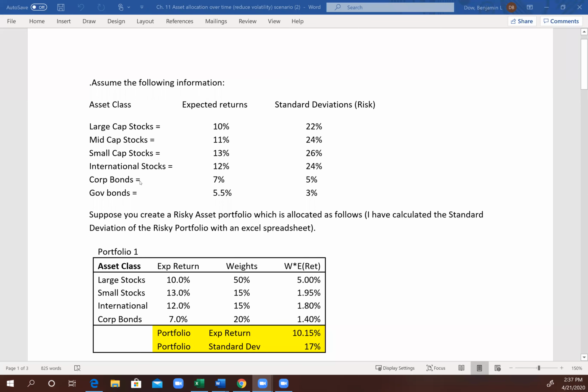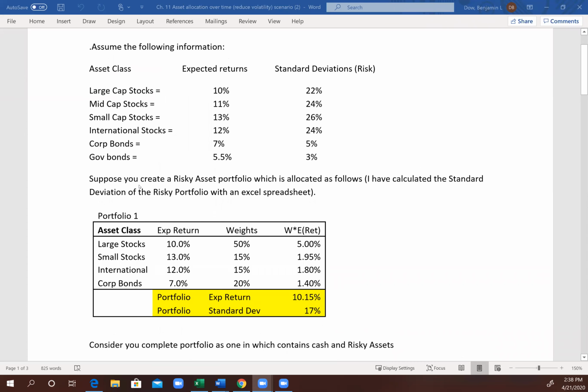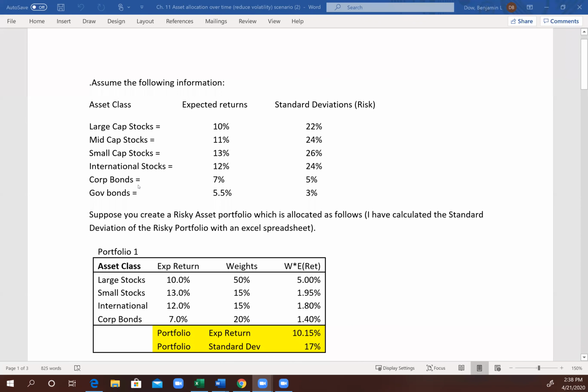And it looks something like this. All right, I'll give you a second to find it.